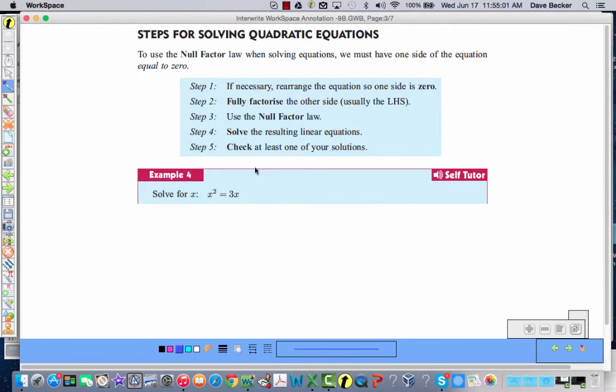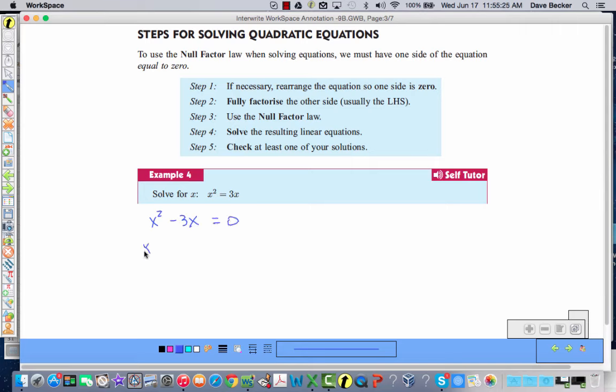Okay, so here we're going to solve for x. Well, this isn't equal to 0, I need to set it equal to 0. I got a quadratic here, and our first inclination should be, okay, can I take the square root of both sides? Well, I could, but I still have an x involved, and so I'm not going to know what x is equal to. So I'm going to subtract 3x from both sides.